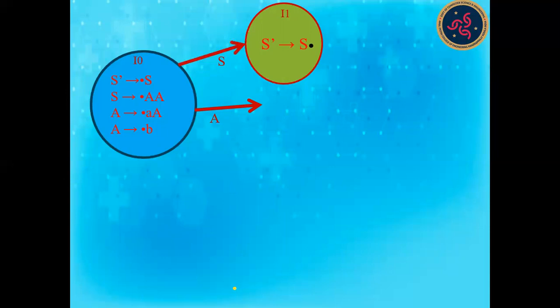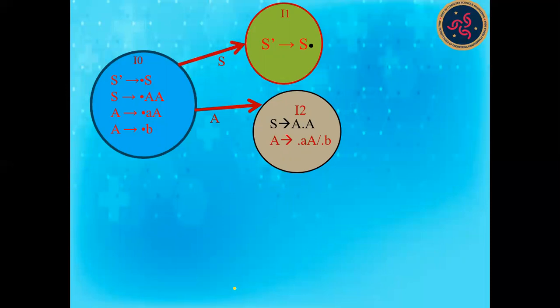The pointer will move forward because it has read the symbol capital A. So I have the production S gives A dot A. When we see the closure of this production, after the dot there is again a capital A, so I need to apply the closure and write all the productions starting with A: A gives dot A capital A and A gives dot B. That is also written in this state I2.